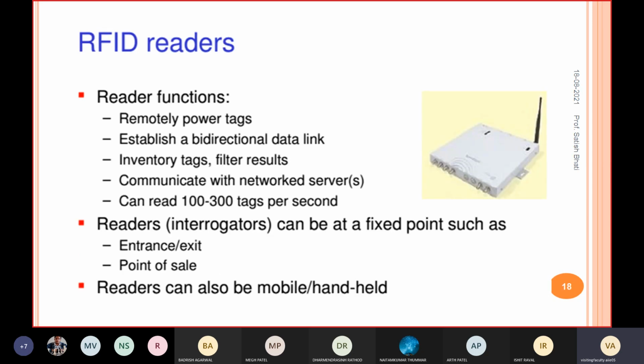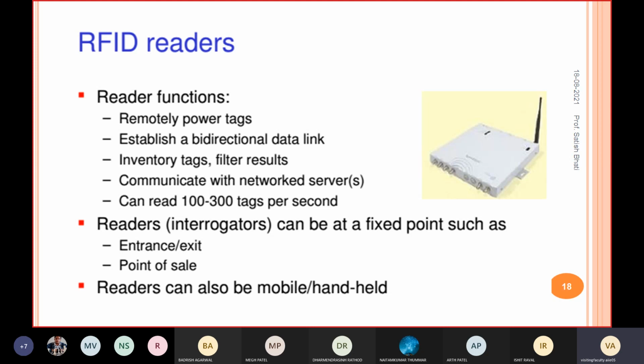Then the second component of the RFID system is the reader. In the slide I have given one figure of an RFID reader. It looks like a kind of router. It has an antenna and a box-like structure. What is the main functionality of this reader?